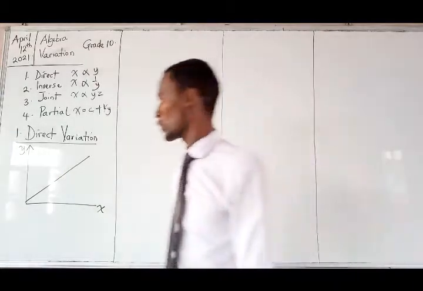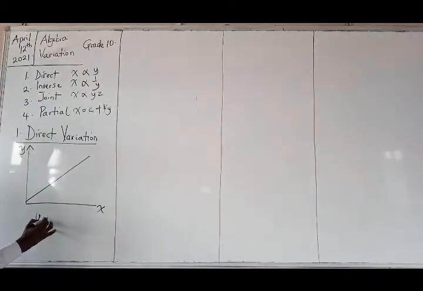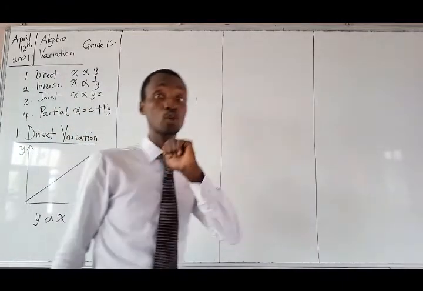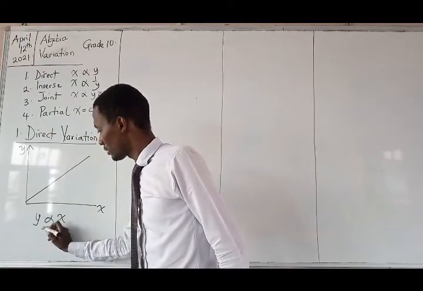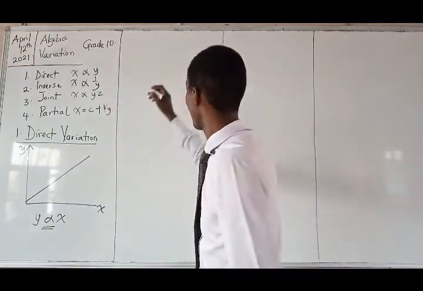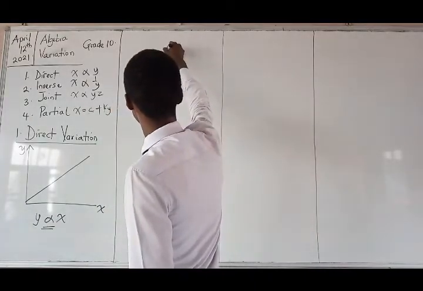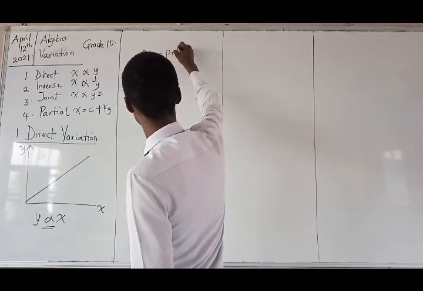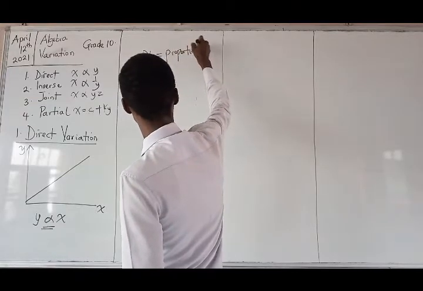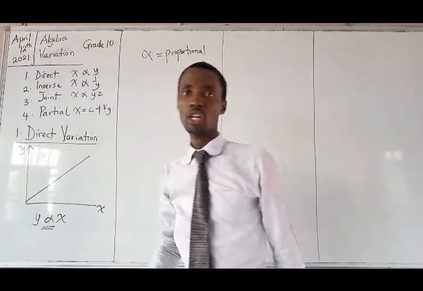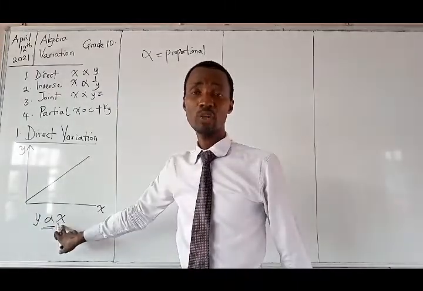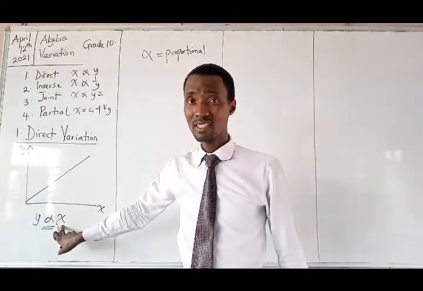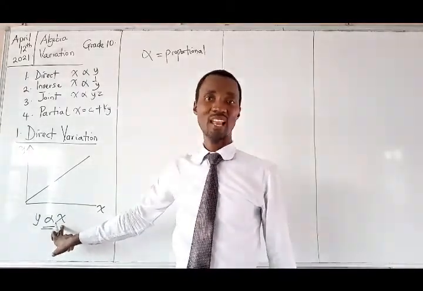And in this setup, you're going to have y directly proportional to x. Something you must take note of here is this term: proportional. Anytime you see this term, how we write these terms will dictate whether they are direct, inverse, joint, or partial as the case may be.